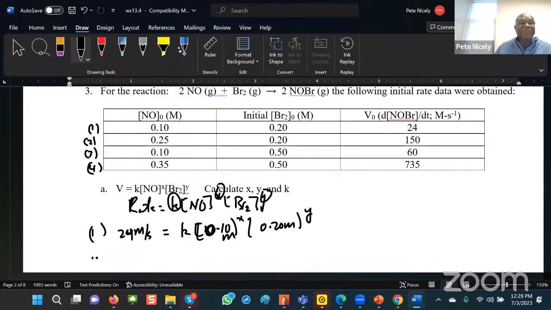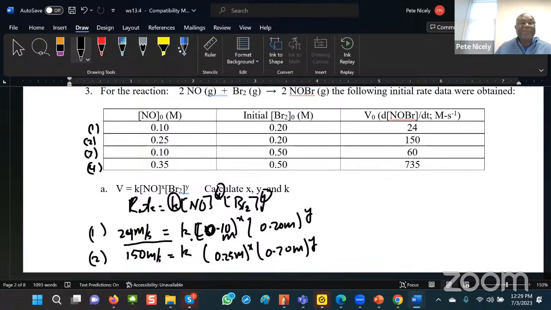And do a similar thing for experiment 2. In this case, it's 150 M/s is equal to k times 0.25 M raised to the x times 0.20 M raised to the y.